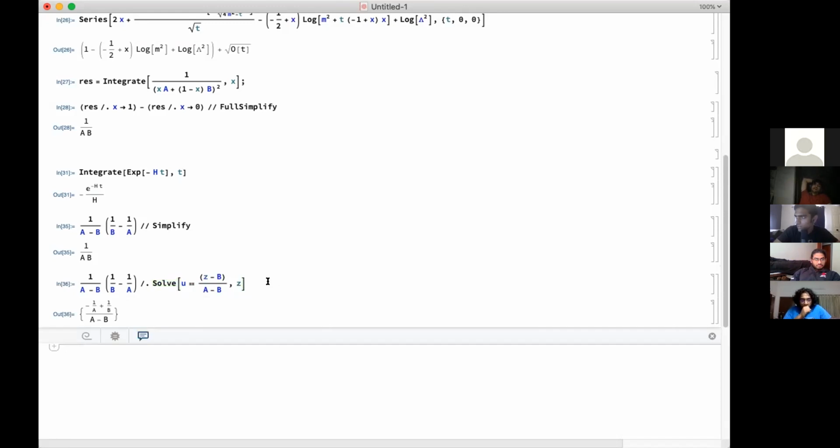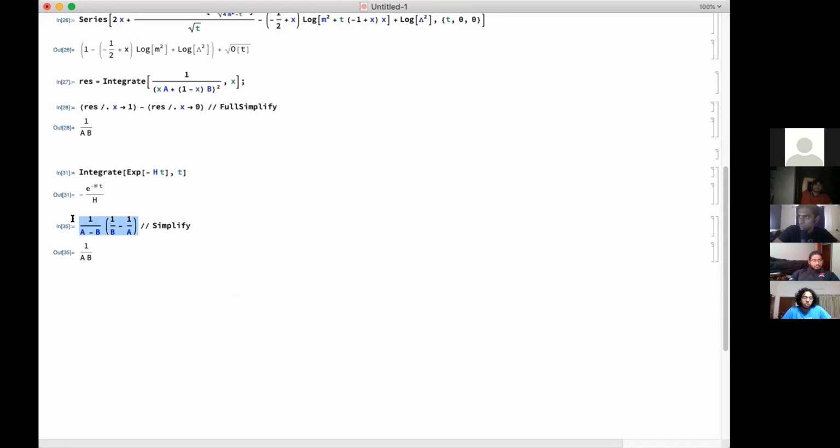Well, okay, this isn't quite working because I have to introduce an integral. So the claim is that I can recover this by doing an integral of 1 over z squared.